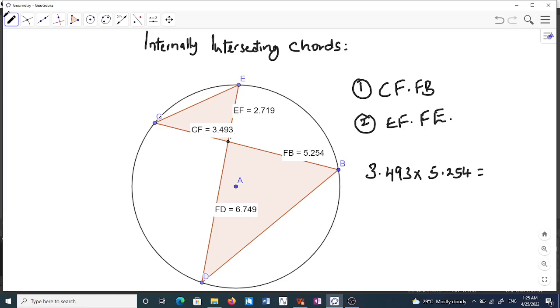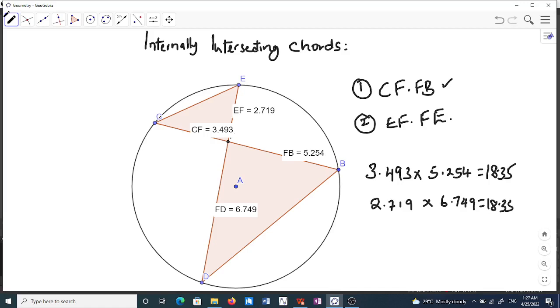That is the first part. Let me also take the second portion and multiply 2.719, which is EF, by 6.749, which is FD. What do we get in the two scenarios?